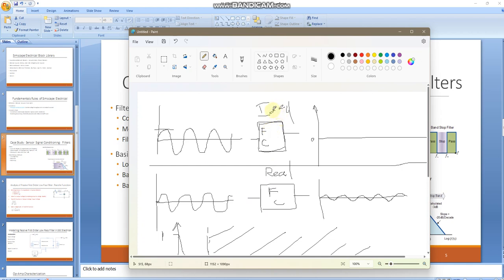Now, both ideal and real filter circuits can be built to be selective. That is, most of the time, the filter circuits are built to be selective based on the frequency of the signal being sent in.